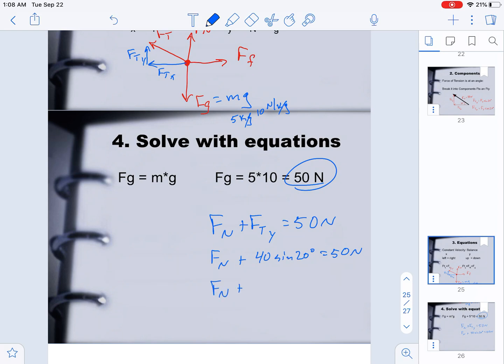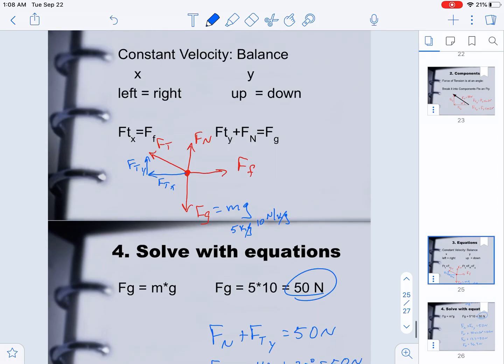That tells me that my normal force plus 13.7 is equal to 50 newtons. So I'm going to subtract, and that tells me that my normal force is 36.3 newtons. And I've now figured out my normal force.